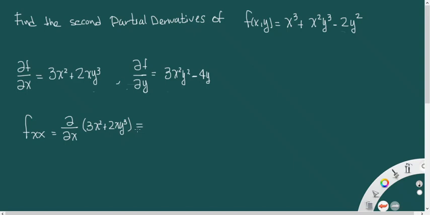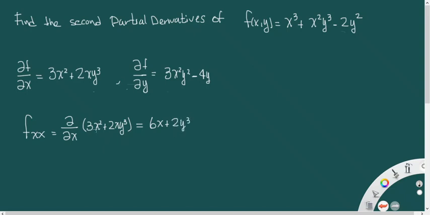Okay, and this is going to be equal to 6 times x plus 2 times y cubed.